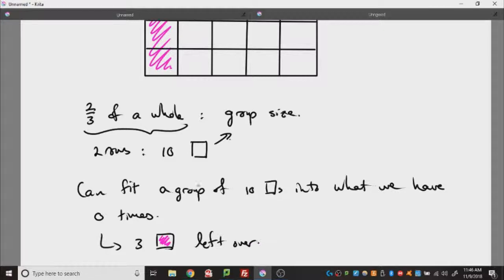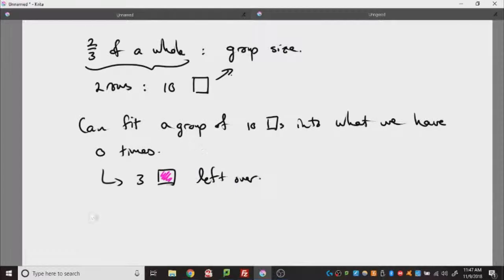How much of my group can I fit then? What fraction of my group can I fit? 3/10. Let me rephrase that. I can fit 3/10 of the group into what I have.